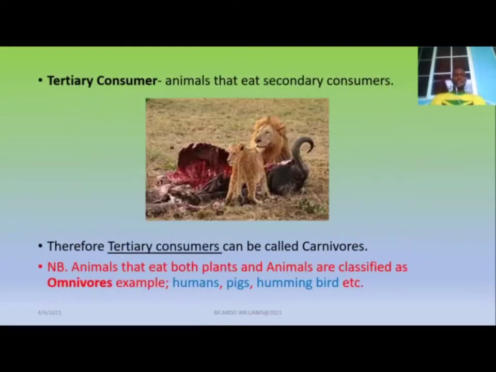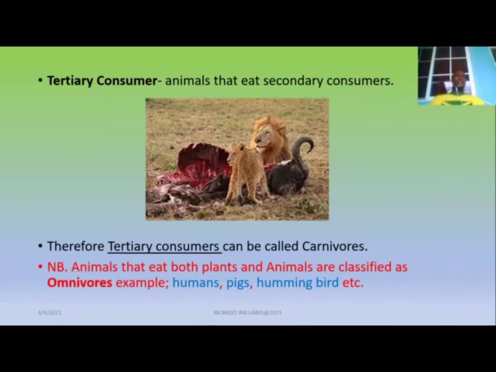Final one is the tertiary consumer, animals that eat secondary consumers. Now, tertiary consumers are the same, carnivores. Alright, so basically it's just another set of carnivores that eat other carnivores. So therefore, tertiary consumers, as I said before, are carnivores.